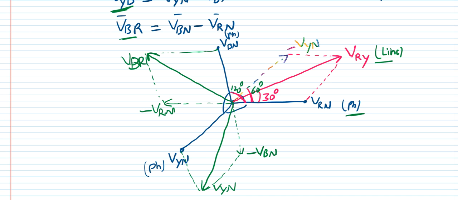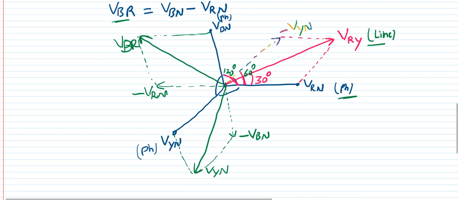So from this diagram, the observation I made here is, as we know, your vectors are rotating in the anti-clockwise direction. So this is the vector rotation. Vectors always rotate in an anti-clockwise direction.